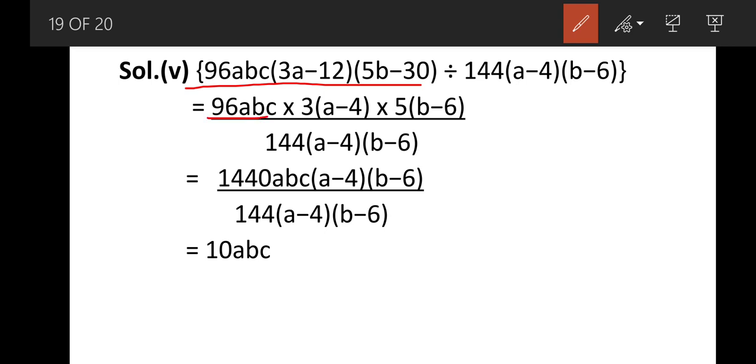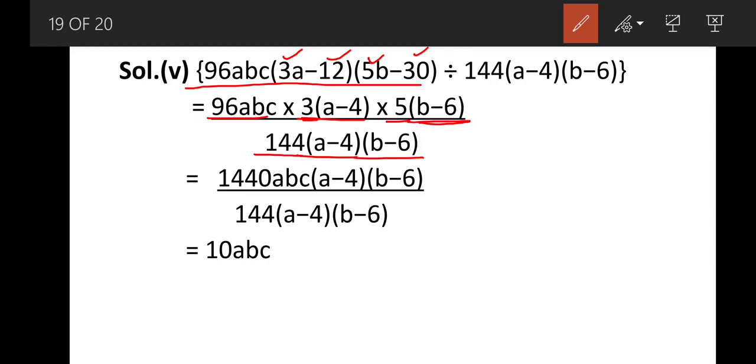I have taken the common factor of 3 and 12. What is the common factor of 3 and 12? That is 3, I have written outside. So what is left inside the bracket? A minus 4, multiplied by, what is the common factor of 5 and 30? 5, I have written outside. What will I have in the bracket? It will be b minus 6, divided by 144 into a minus 4 into b minus 6.